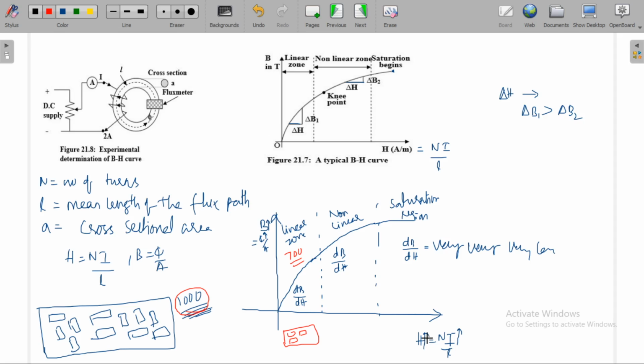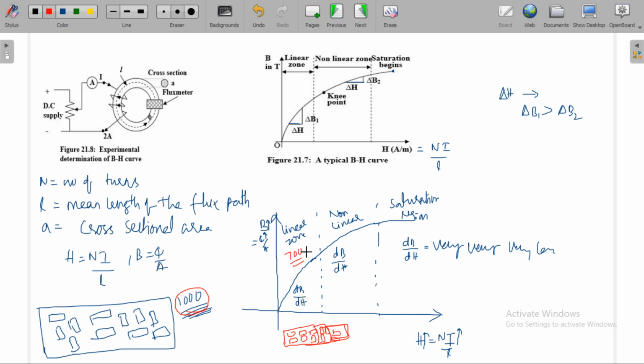With the application of magnetizing force, these domains start aligning in one particular direction. Some domains are left over, still randomly distributed. So out of 1,000, almost 700 domains got aligned.